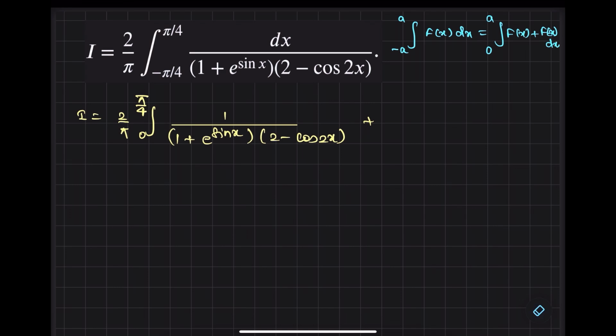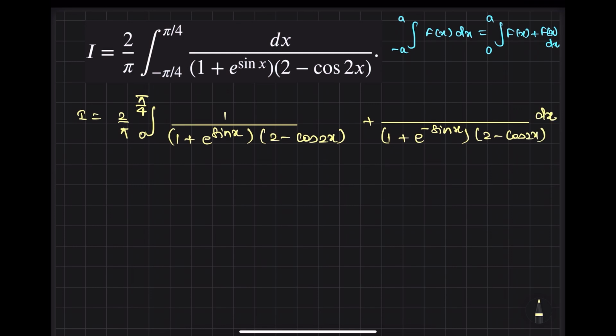So you know that sine of minus x will become minus of sin x. So let's see what happens. We have 1 plus e power minus sin x, and cos will not change, because you know that cos of minus theta is cos theta, so it will be the same. So cos 2x and then we have dx.